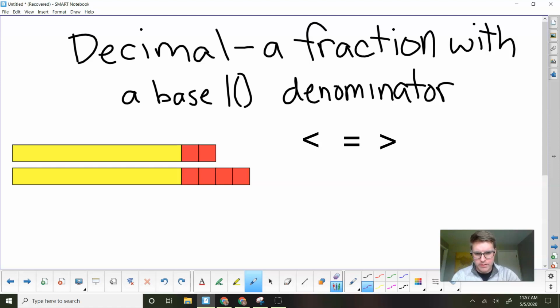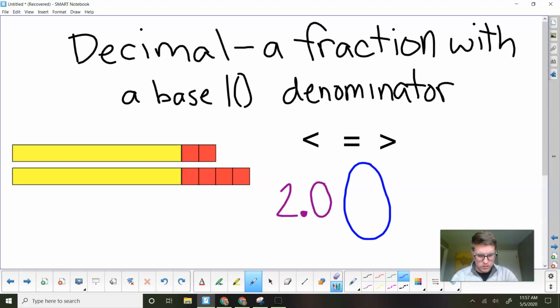What if I have 2.0 compared to, oh, sorry, undo, 11.9.